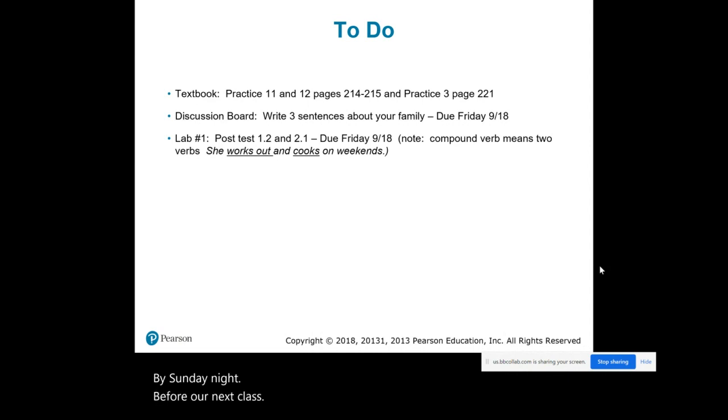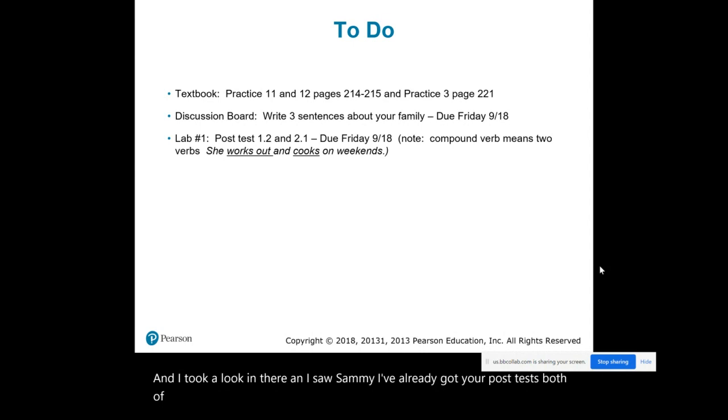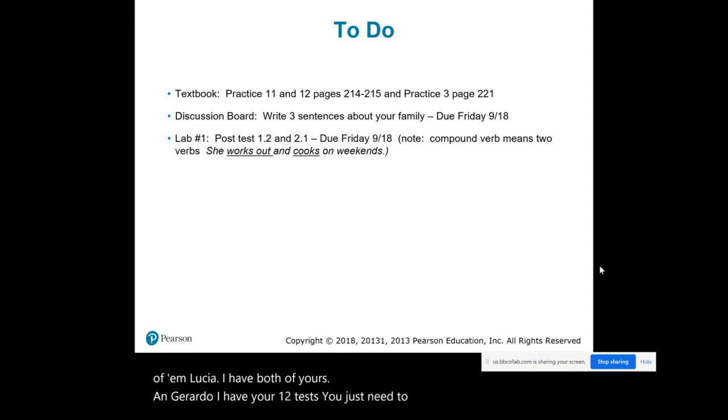And then your lab number 1, the post-test 1.2 and 2.1 are due on Friday. And I took a look in there and I saw, Sammy, I've already got your post-tests, both of them. Lucia, I have both of yours. And Gerardo, I have your 1.2 test. You just need to do the 2.1.